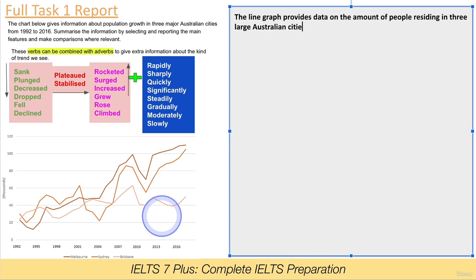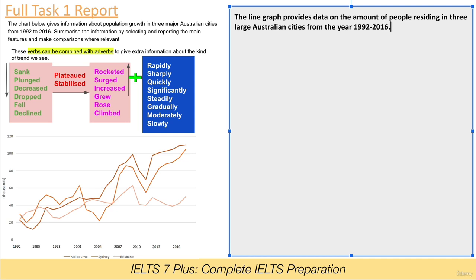You're noticing that I can't paraphrase every single word, but there we go. From the years 1992 to 2016.